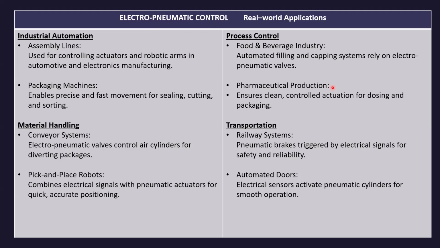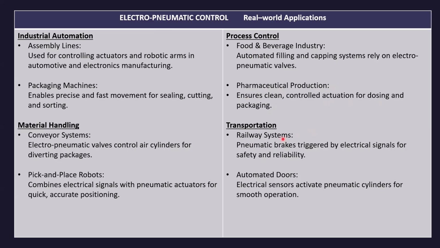Air can be clean, and if more cleanliness is required, then other gases can be used other than air, but usually air would do it. Pneumatic production ensures clean, controlled actuation for dosing and packaging in the pharmaceutical industry.